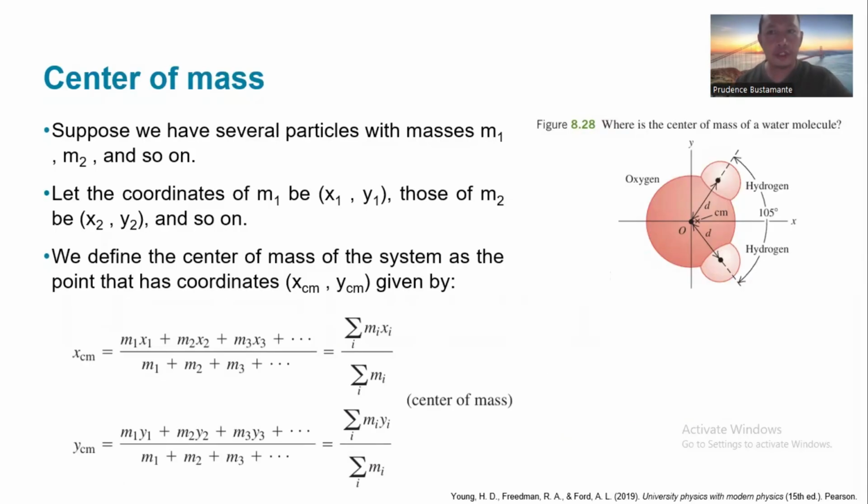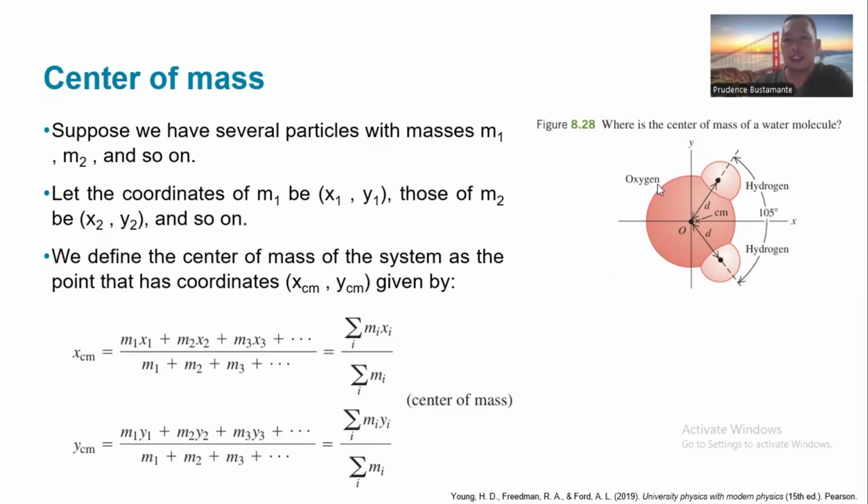Now we're going to discuss the section in this chapter called the center of mass. Suppose you have several particles with masses m1, m2, and so on. So in a system, there are several particles with masses, just like this water molecule.